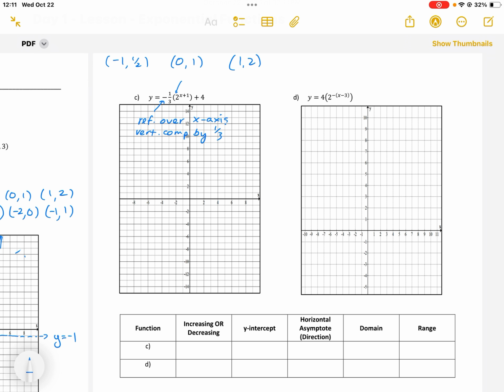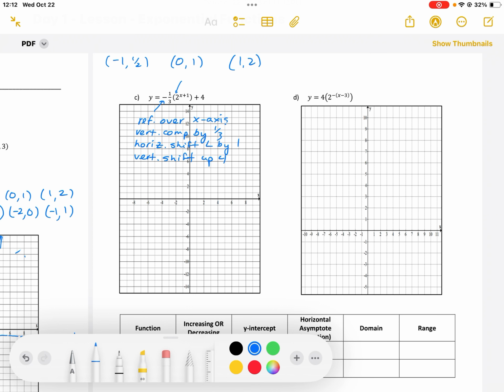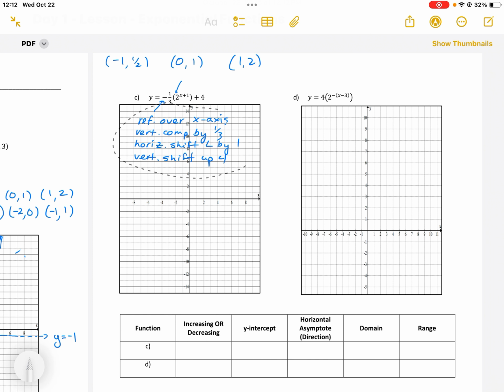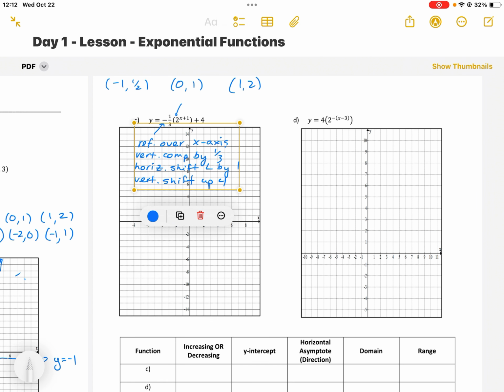I am shifting horizontally left by 1, and I'm also vertically shifting up 4. So those are a lot of transformations here, and I'm going to move them off of the graph.